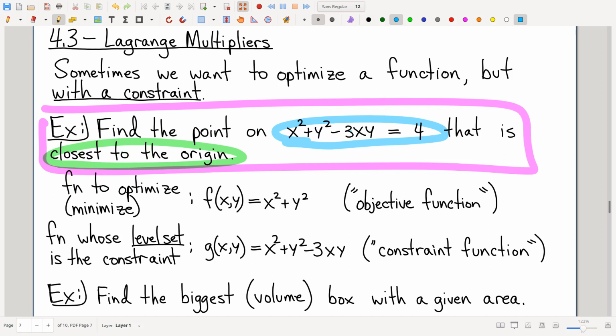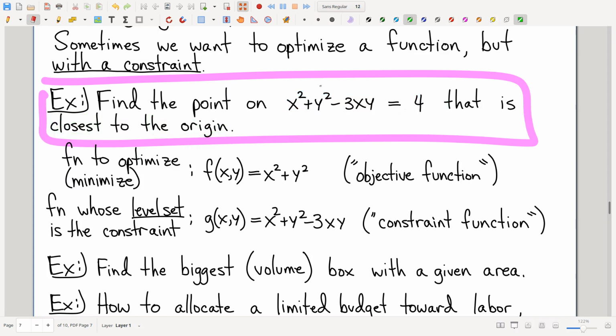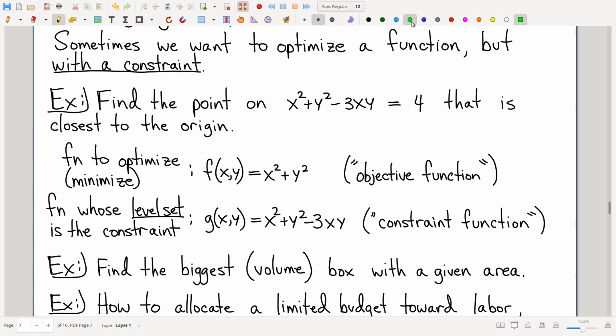It turns out that there are lots of such questions, and they are important, and we are going to develop some lingo to talk about this. There's always going to be a function that I want to minimize or maximize. We're going to call this the objective function.